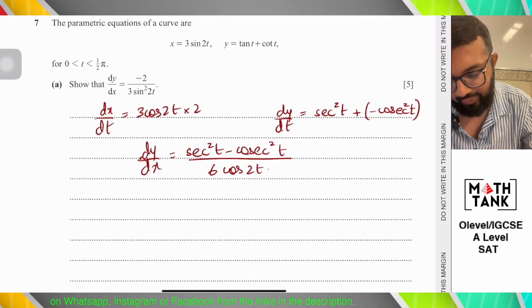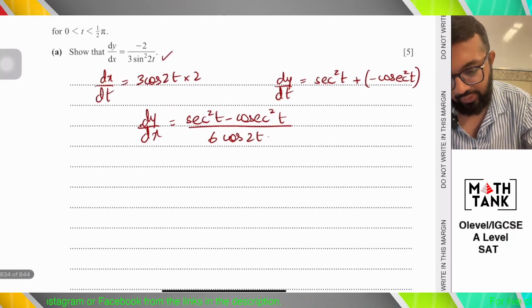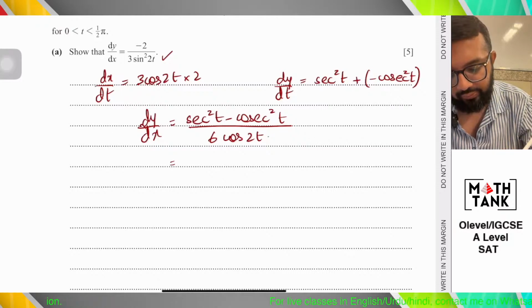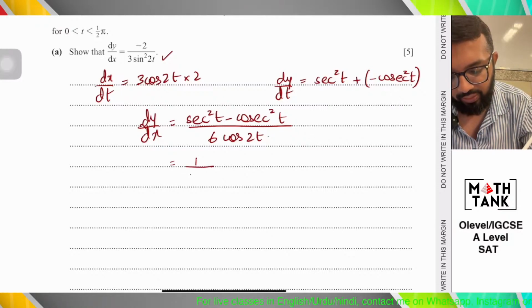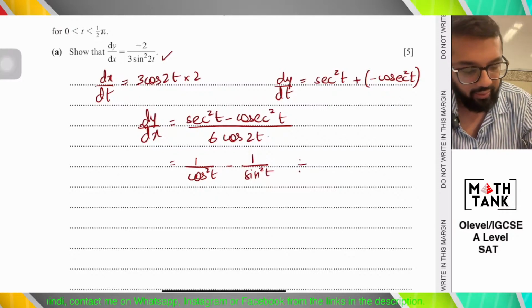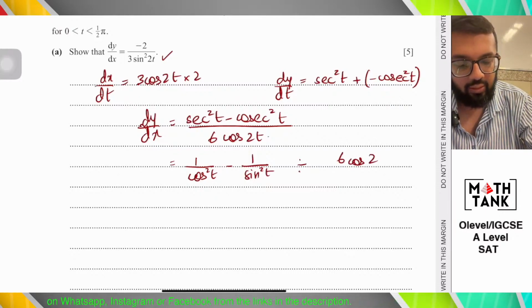Now I somehow need sine square 2t, and it's a 5-mark question, which means that there's some algebra involved. So 1 over cos square t minus 1 over sine square t divided by 6 cos 2t.